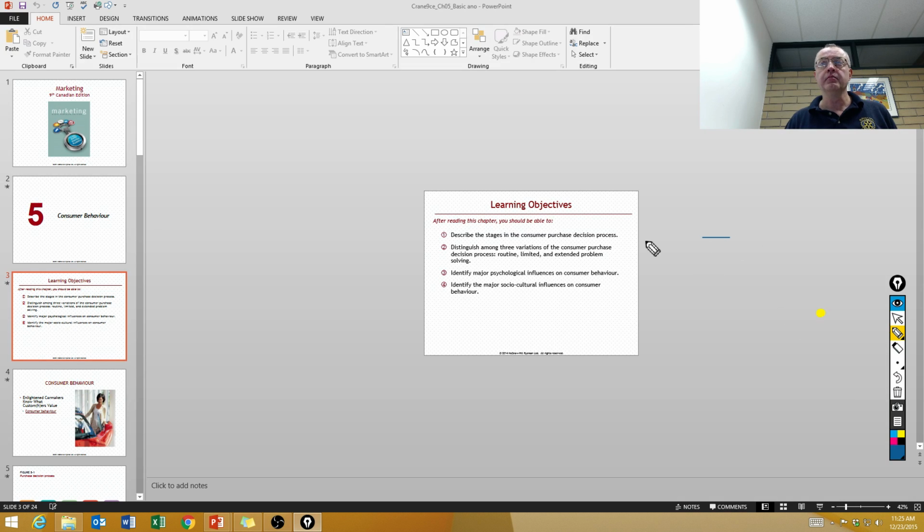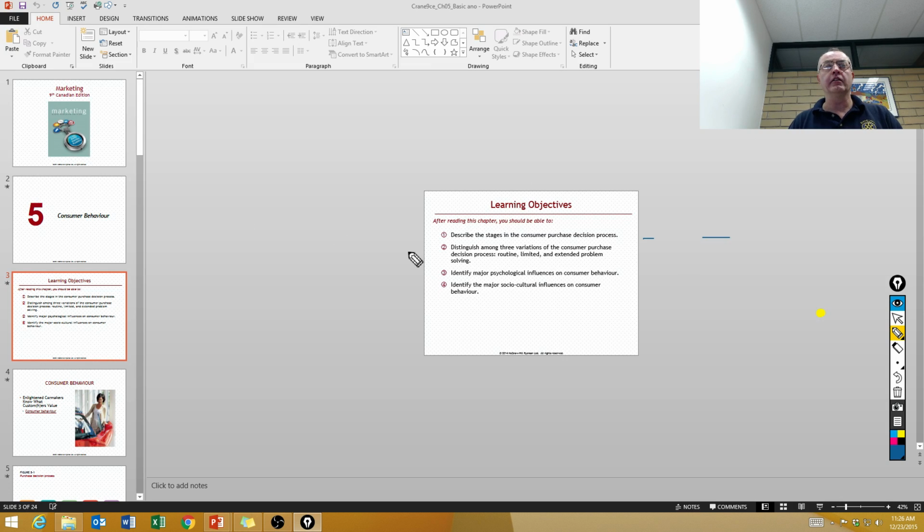Okay, so we have five steps in the consumer decision-making process, so-called problem recognition, information search for solutions to the problem, evaluation of alternatives, the actual purchase decision, and then so-called post-purchase behavior.